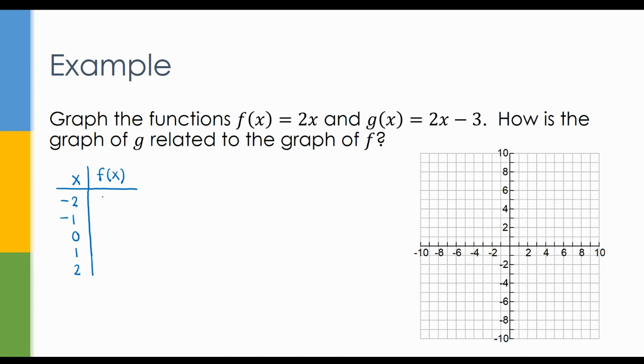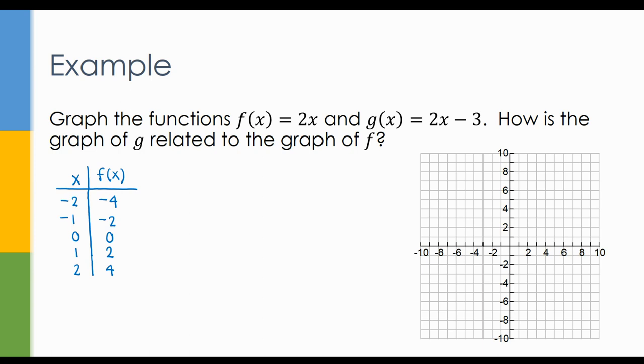If I take 2 times -2, I'll get -4. -1, substitute that in. 2 times -1 is going to give me -2. When I substitute in 0, 2 times 0 is 0. Substitute in 1, 2 times 1 is 2. Substitute 2 in, 2 times 2 is 4. So those are my ordered pairs for the function f of x.